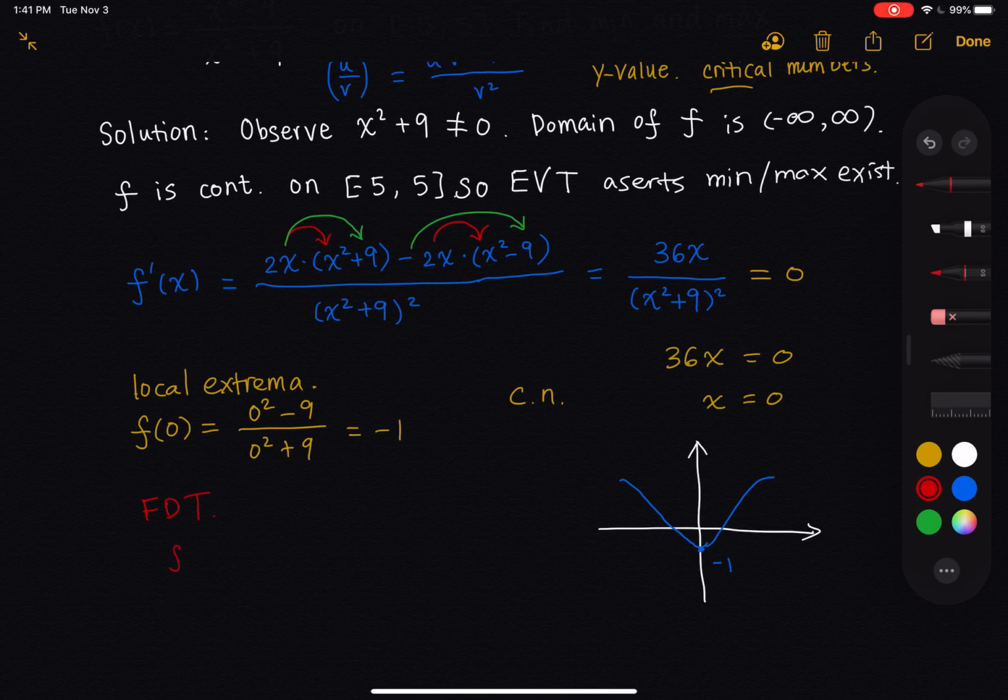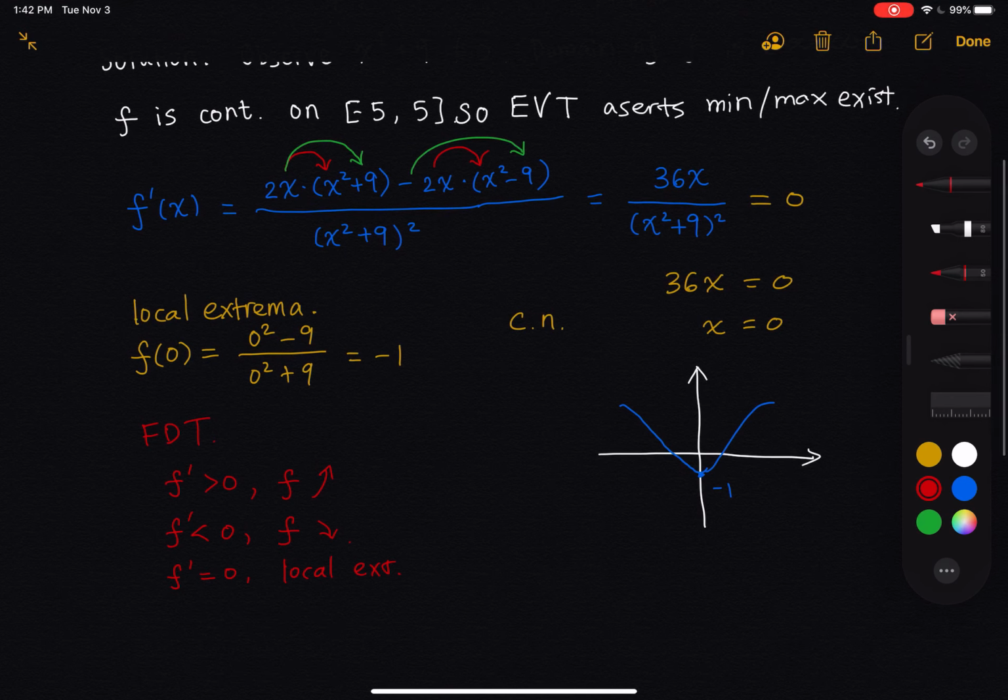It says if f prime is positive, then the function is increasing. If f prime is negative, then the function is decreasing. Okay? And it says if f prime equals 0, you get a local extrema. So we know, and it should be verified by the graph, this is a minimum.